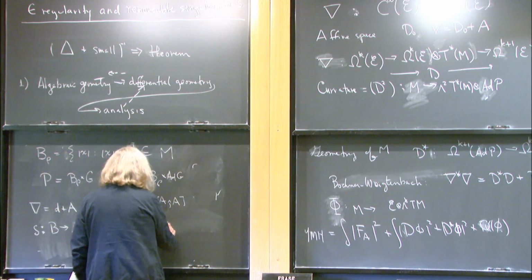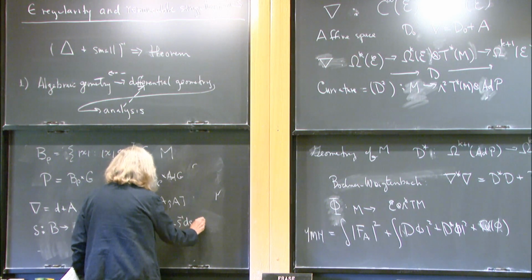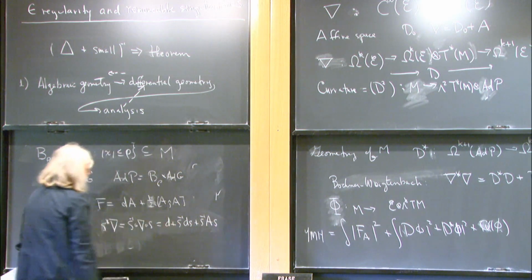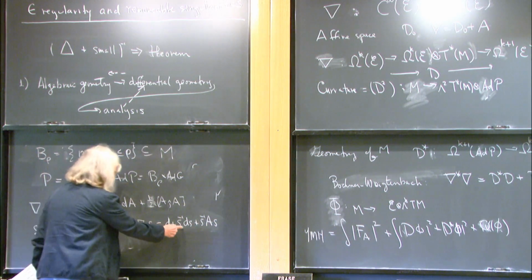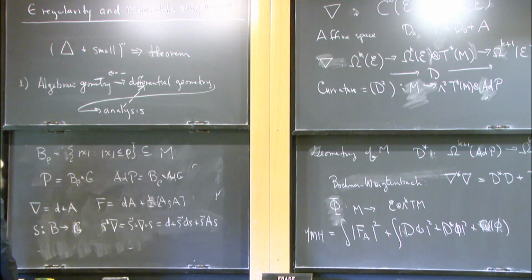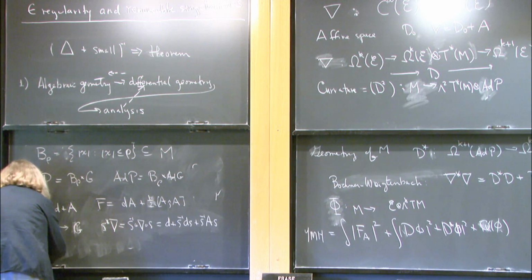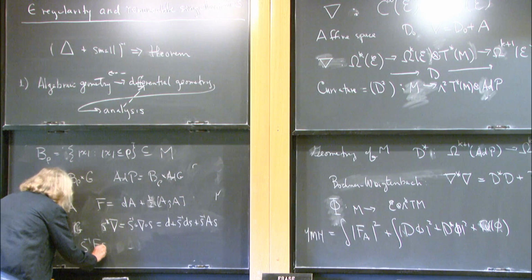And if you work it out, this is D plus S inverse DS plus S inverse AS. And you see why it's not a tensor is because this term is appearing in the change of. And it's easy from this to see that S star of induced on the curvature tensor is just S inverse FS.